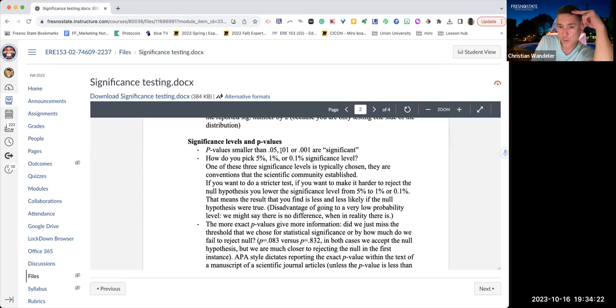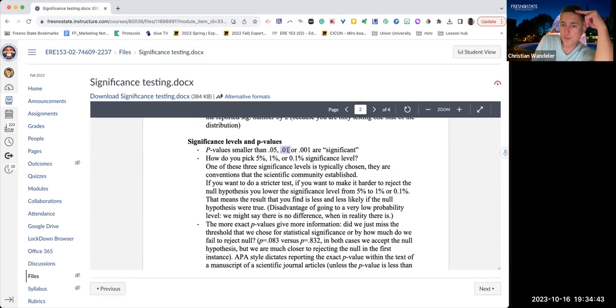Now, let's go to another example. Let's say we adopted the 0.01 level and the p-value is 0.02. What would you guys conclude? We would reject the null. Well, hold on.